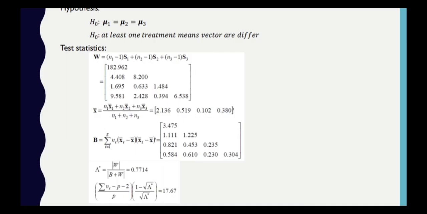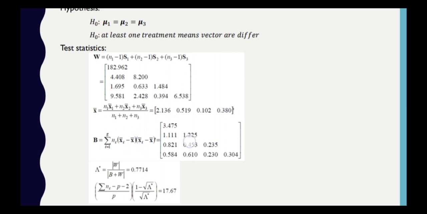This is the formula to get the overall x bar, we use the mean vector for each of the population. Okay, so we can find W because we have the covariance matrix for each population. We can find B. Okay, because you already have each of them, apply this formula in matrix form.